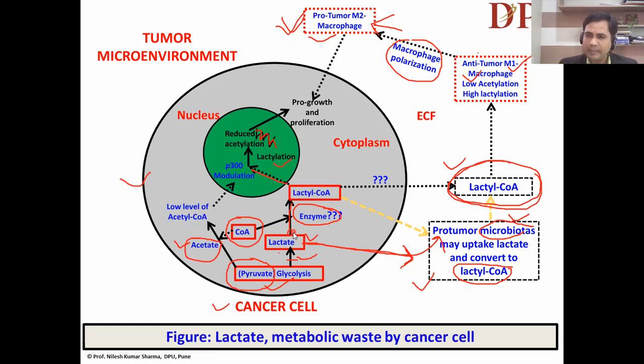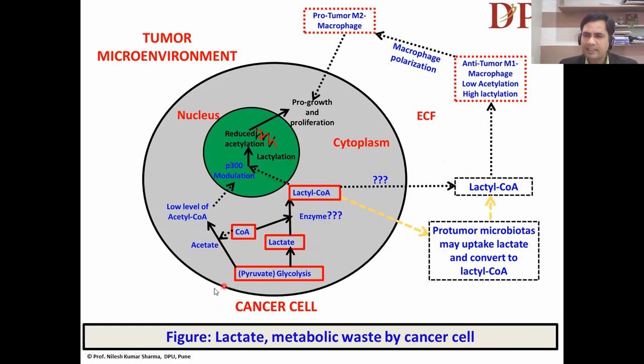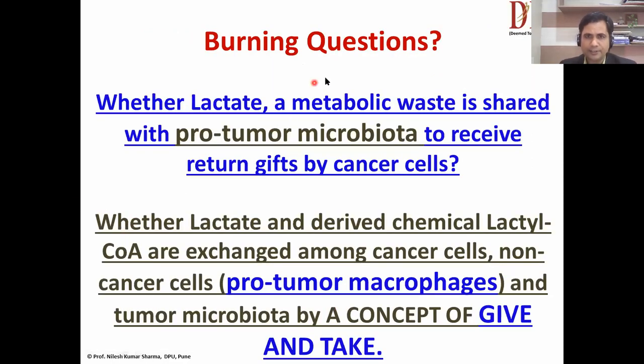So what we learn from these studies and all these explanations leaves certain biological questions. What is the burning question that can be raised? Whether the metabolic waste, lactate, produced within the cancer cell is shared or transferred to the pro-tumor microbiota within the tumor microenvironment.